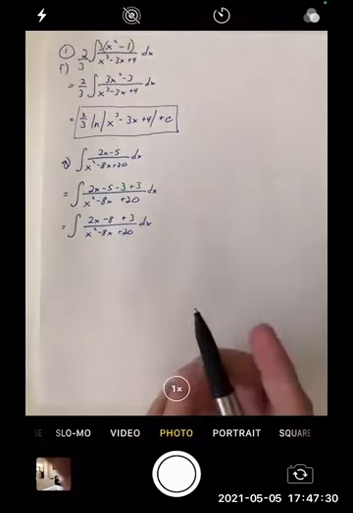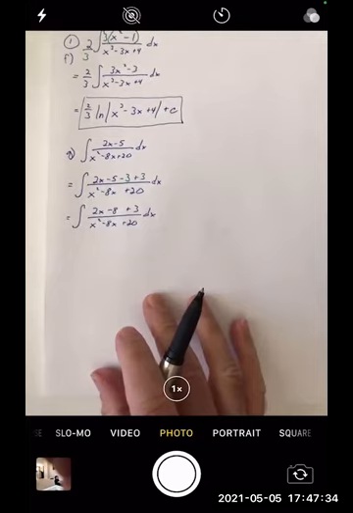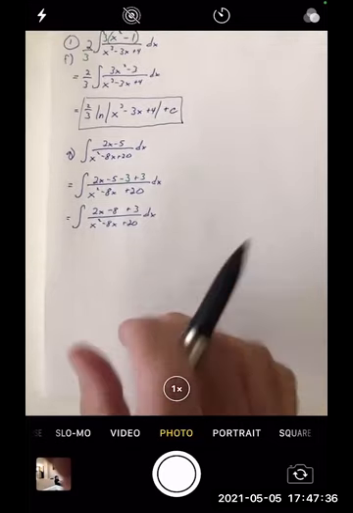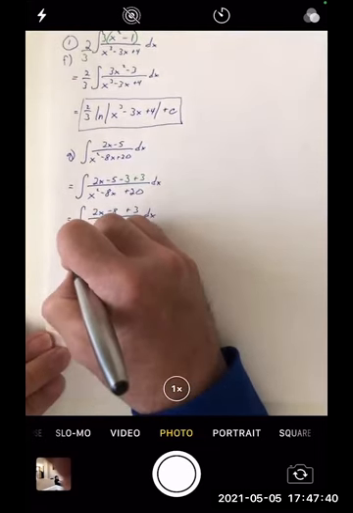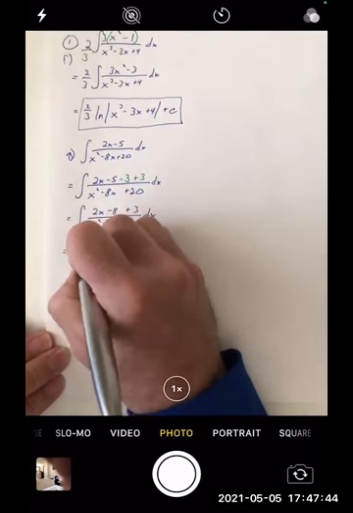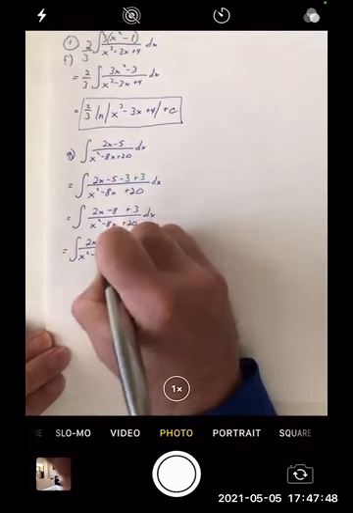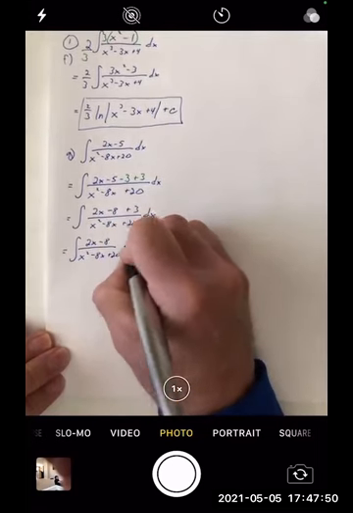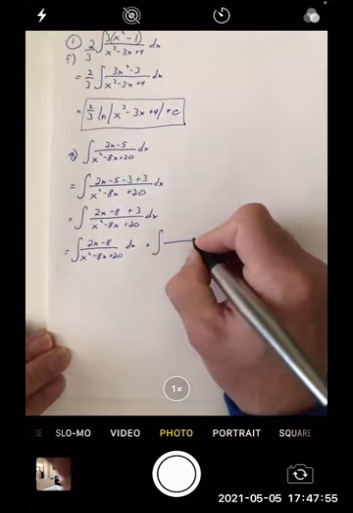So how did we deal with that? Just make it like another fraction? Yeah. So you just split it off into its own fraction.